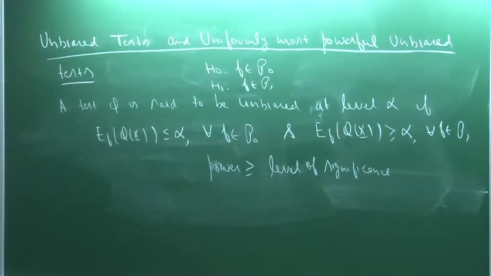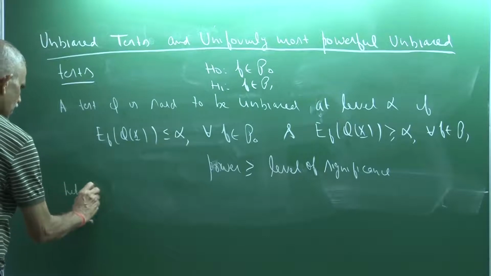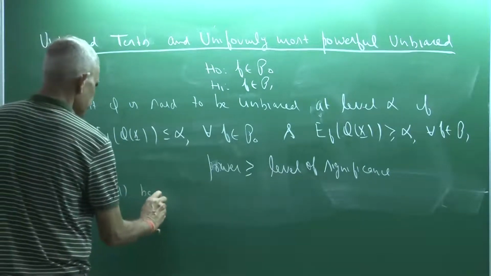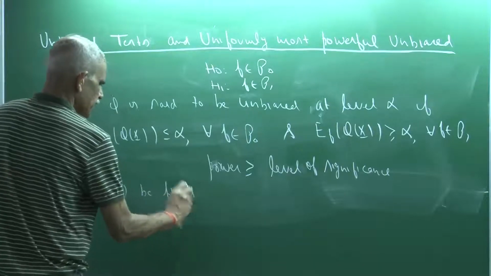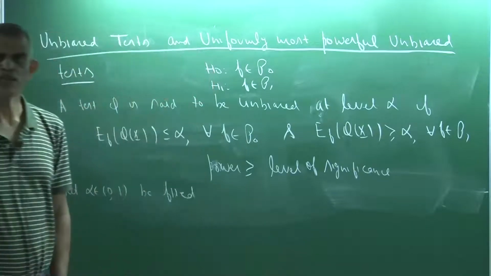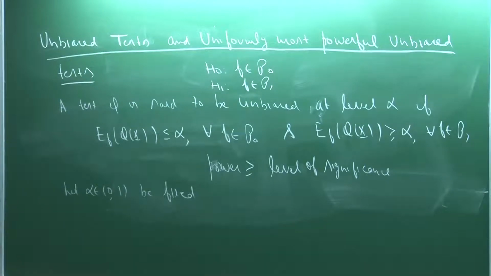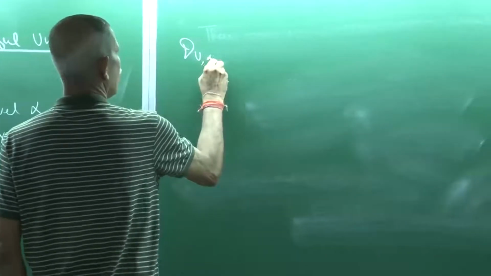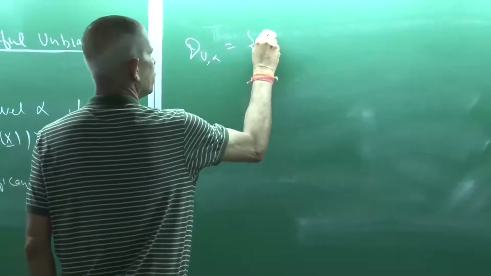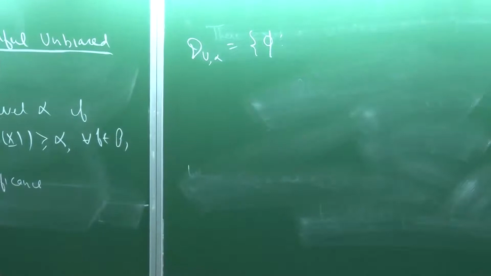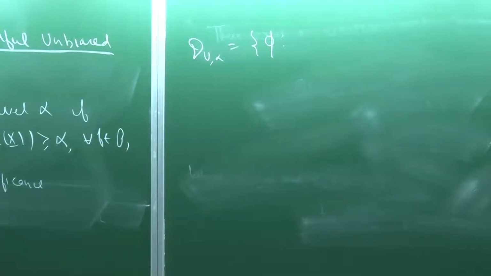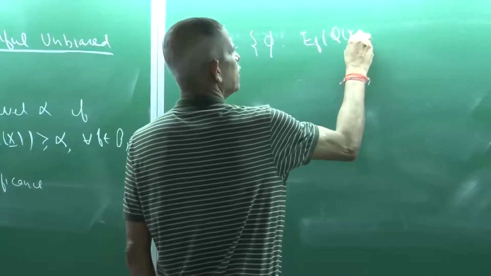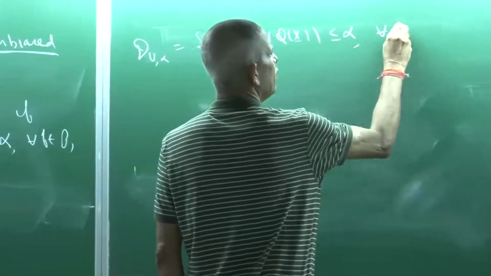So what I do is let alpha be a fixed level of significance. I consider all those unbiased tests which have level alpha. Let us define U alpha as the collection of all those phi's which are a map from R^n to [0,1] such that the expected value of phi(X) is less than or equal to alpha for every f belonging to P0.